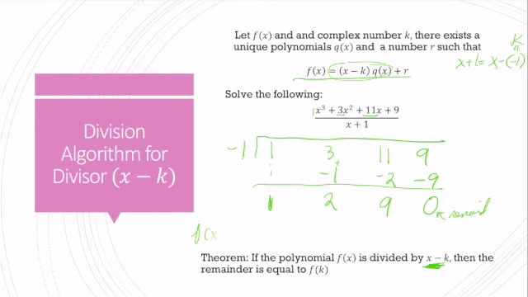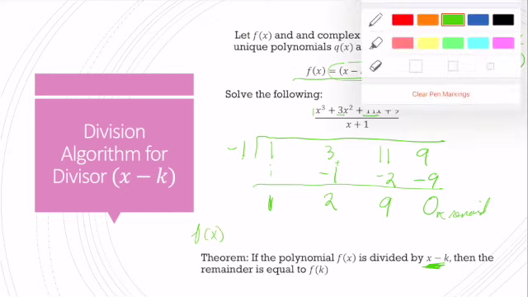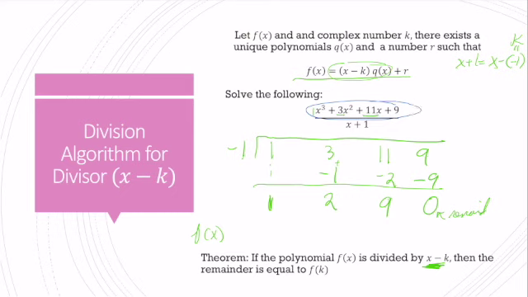I have f of x, which is this function here, equals x plus 1 times 1x squared plus 2x plus 9. And then there's no remainder. I didn't even finish spelling that word. There's no remainder.